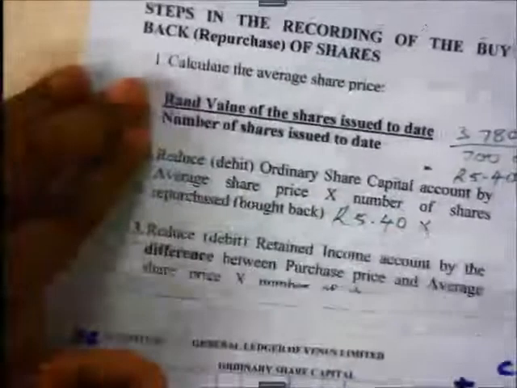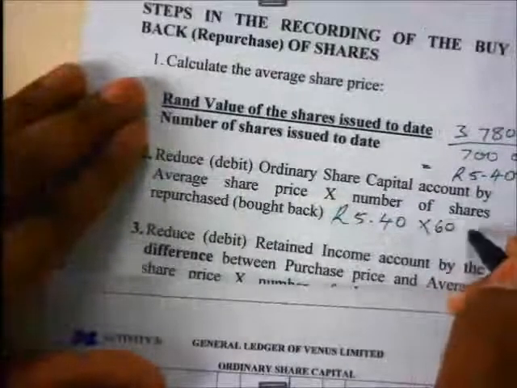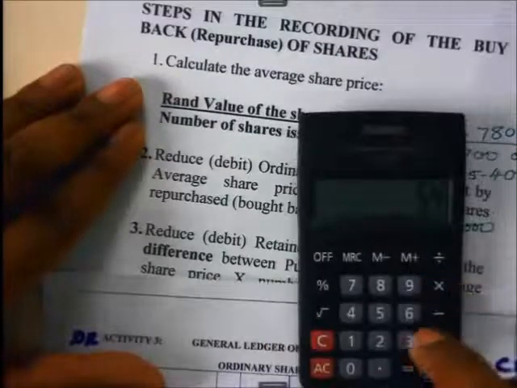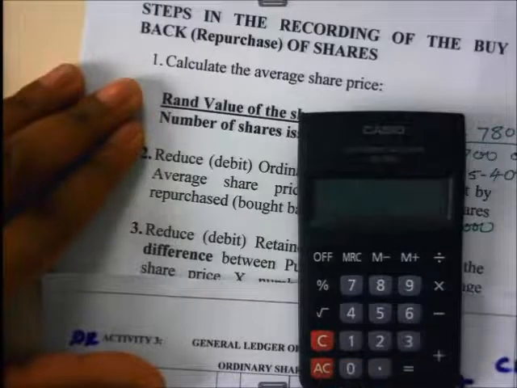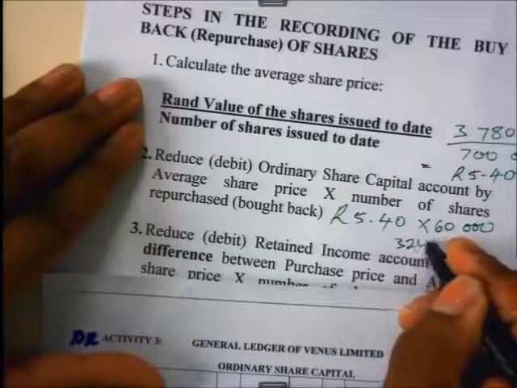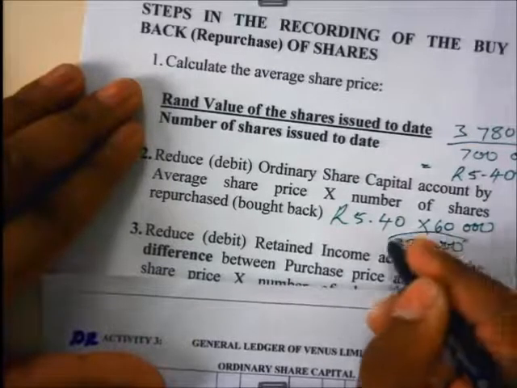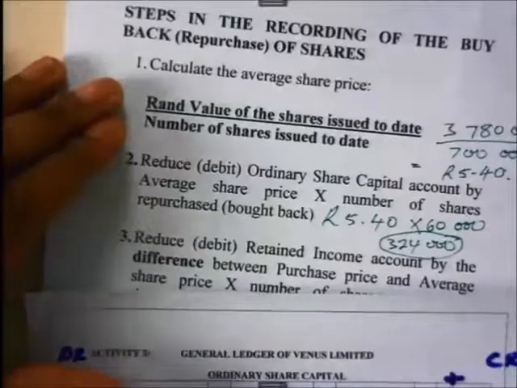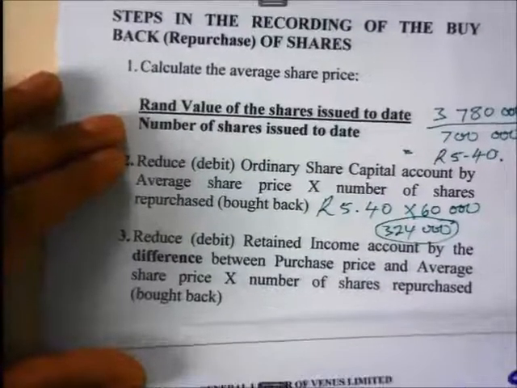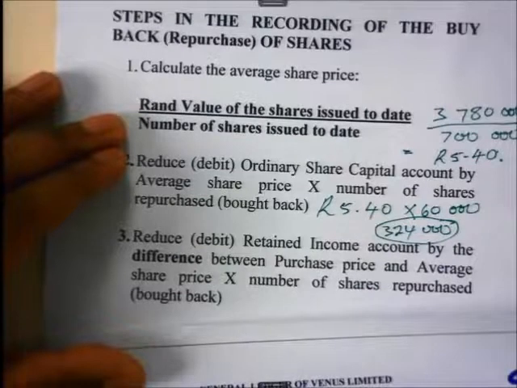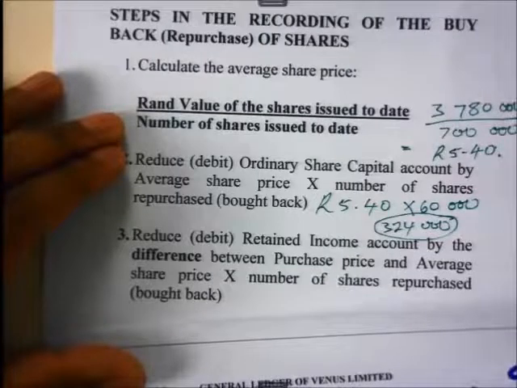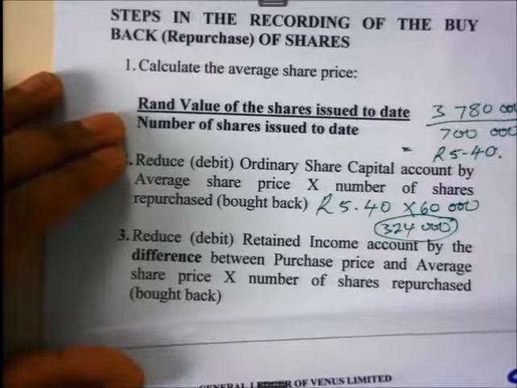Therefore, 5 rand 40 multiplied by 60,000 gives us 324,000, which means you are going to reduce ordinary share capital by 324,000. Therefore, you go to your ordinary share capital, you say bank, 324,000.